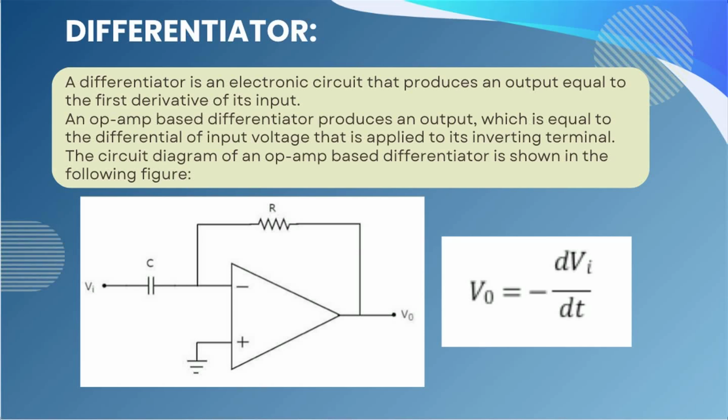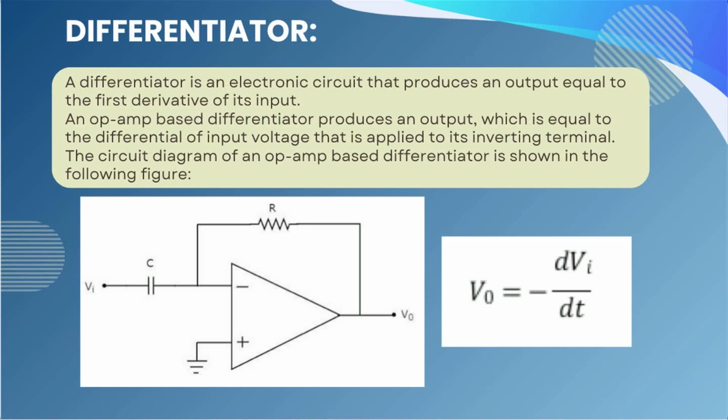In this circuit, the non-inverting terminal is connected to the ground. That means 0 volt is applied at the non-inverting terminal. The feedback element is the resistor and the input component to the inverting terminal is the capacitor. Now, according to the virtual short concept, since the non-inverting terminal voltage is 0, the inverting terminal voltage is also considered as 0.